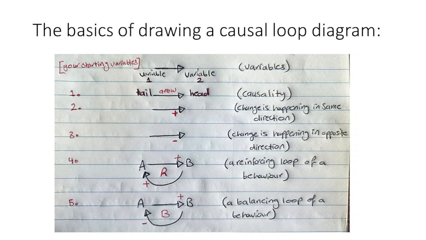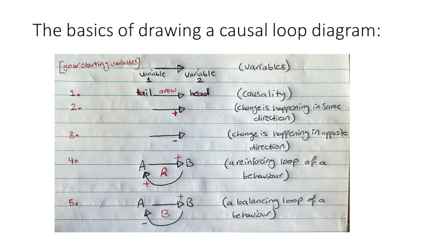So that's your R. Whenever you see an R sign in the middle of a causal loop diagram, it indicates that the loop is reinforcing a behavior in the same direction, causing either a systemic decline or a growth in the behavior.